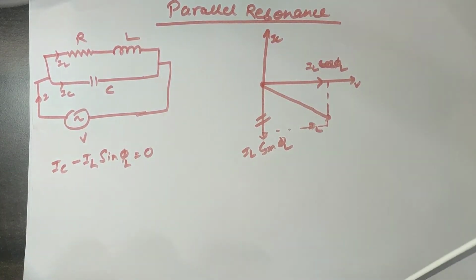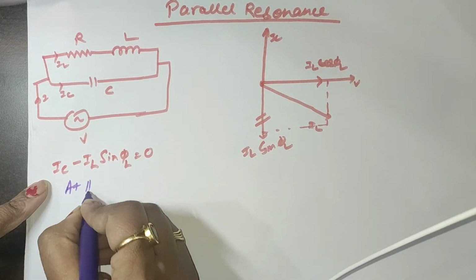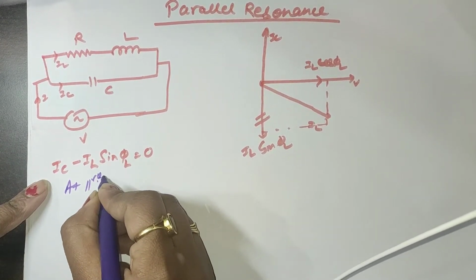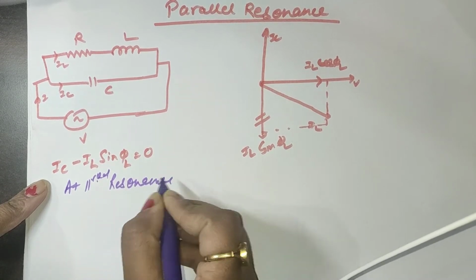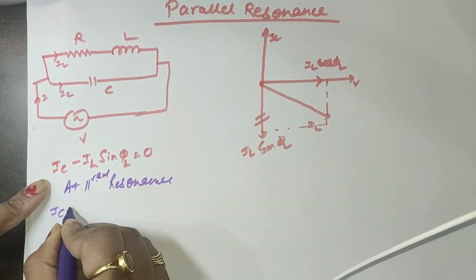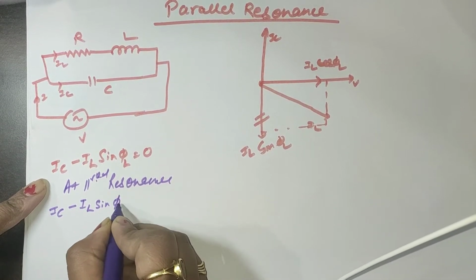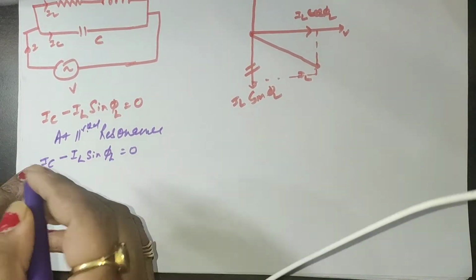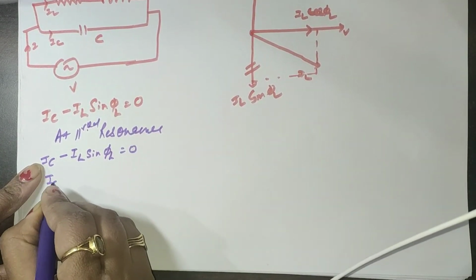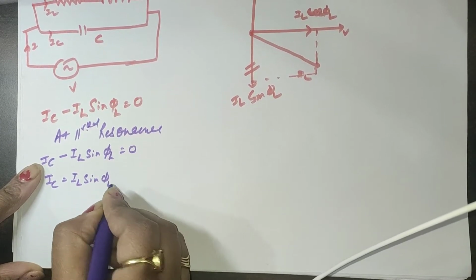At parallel resonance, IC minus IL sin phi L equals 0, so IC equals IL sin phi L.